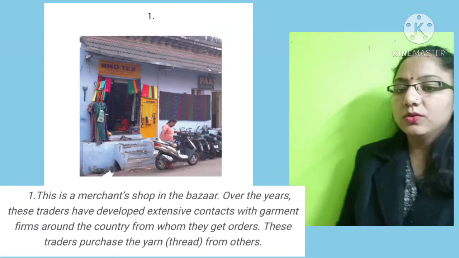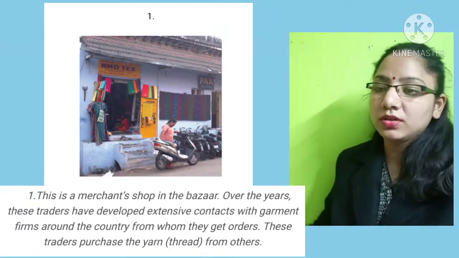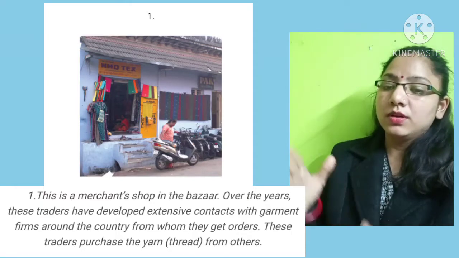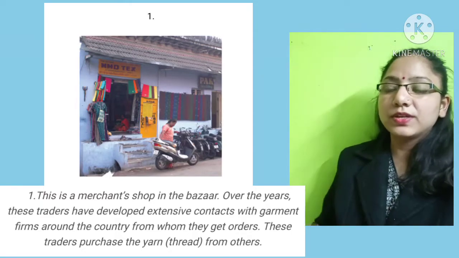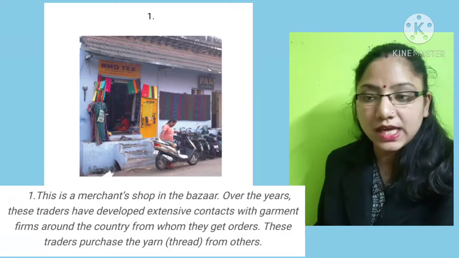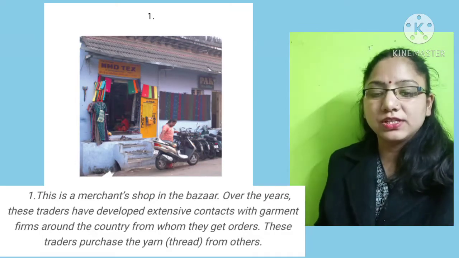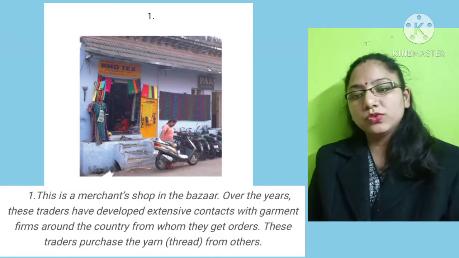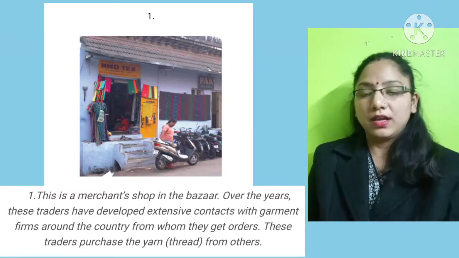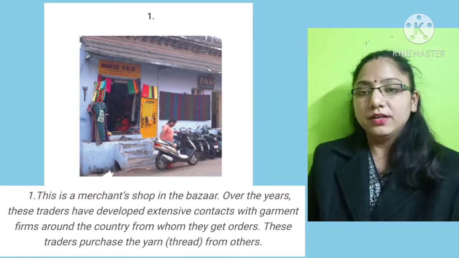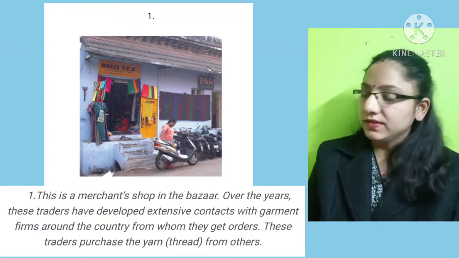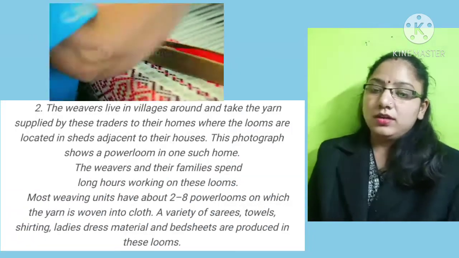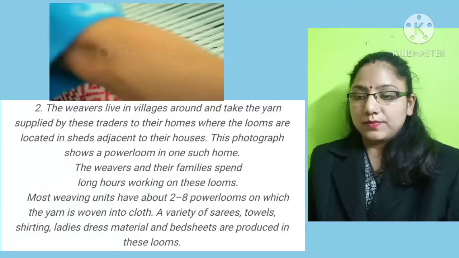Not only cloth import and export, they also purchase the thread, which is also known as yarn, and even purchase the thread from other contractors. If you see the second picture, what are you going to see?